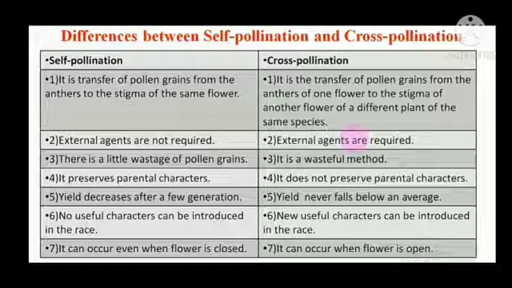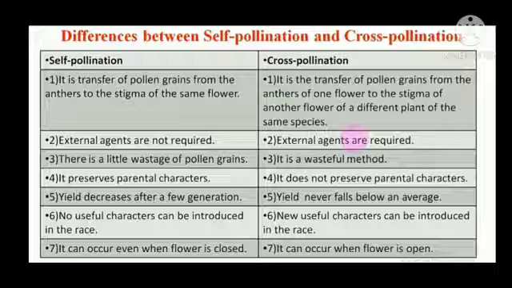While cross-pollination is not economical as there is a lot of wastage in the production of numerous pollens, nectar, scent, color, etc. So you can say that cross-pollination is a wasteful method. Now the fourth point: self-pollination preserves parental characters, while cross-pollination does not preserve parental characters.